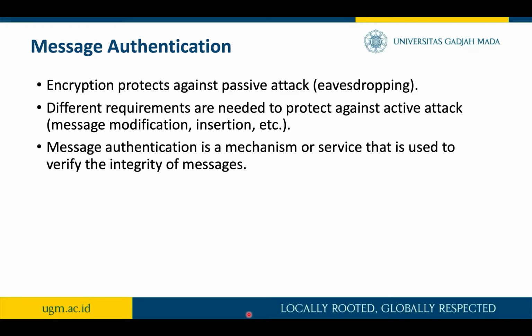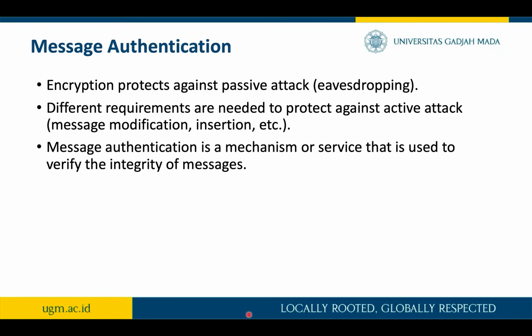authentication. As we already know, to protect our data against passive attack, what we need is encryption. But if our goal is to protect against active attack, such as message modification, insertion of the message, and so on, we need a different approach to do that.